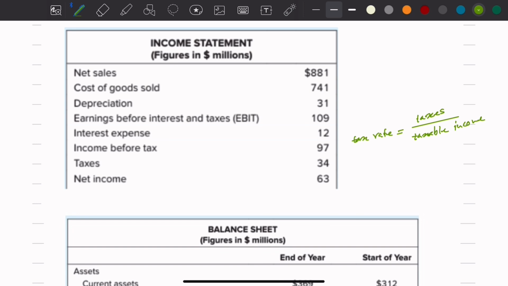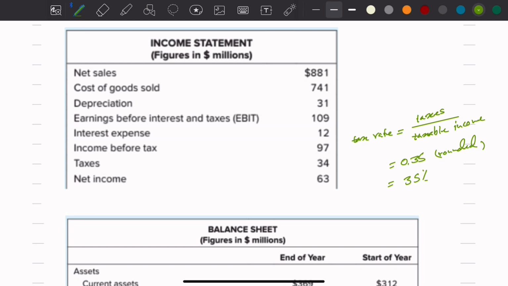I'm going to go to my calculator, 34. I don't have to say millions because for a ratio or a fraction, the zeros don't really matter. So I'll just write 34 divided by 97, and that gives me 0.35051 something. So it's 0.35 rounded. That means that the tax rate for the company is 35%.